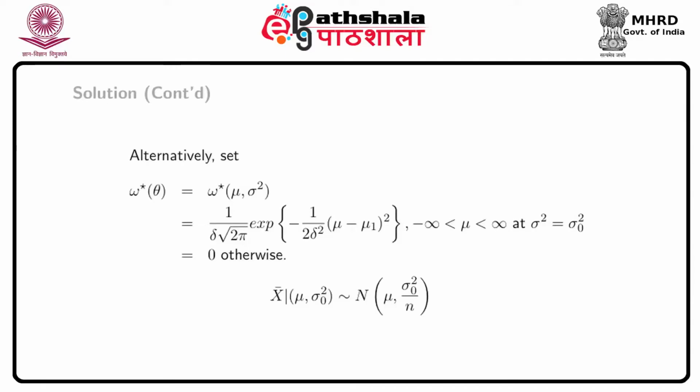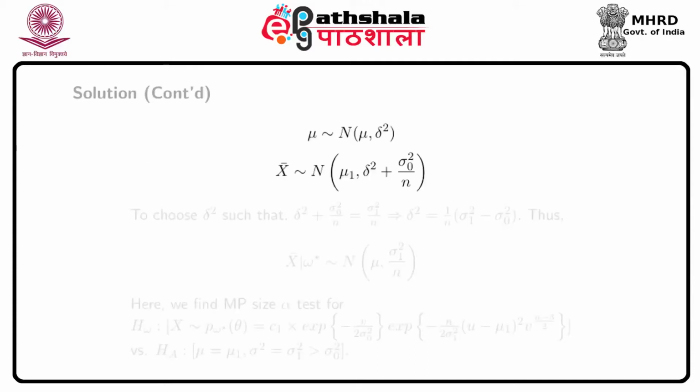That means x bar given mu and sigma naught square follows normal distribution with mean mu and variance sigma naught square by n, and mu marginally follows normal distribution with mean mu1 and variance delta square.